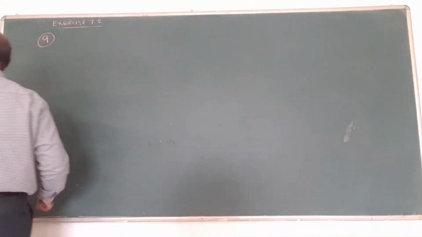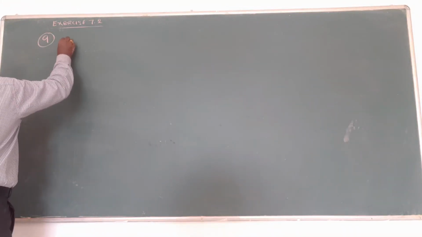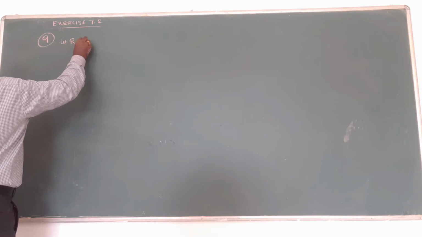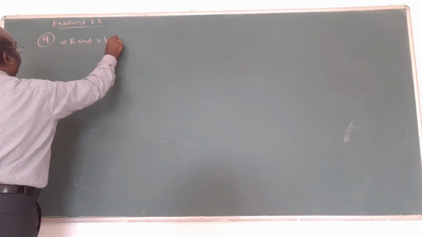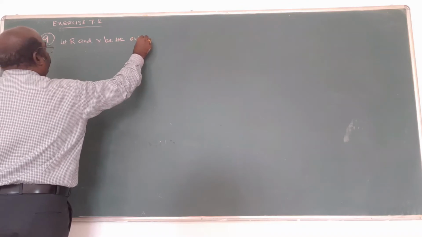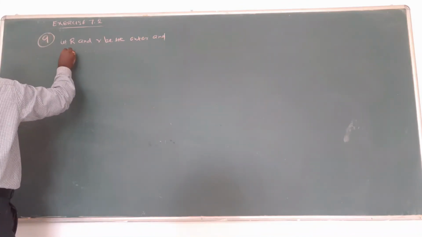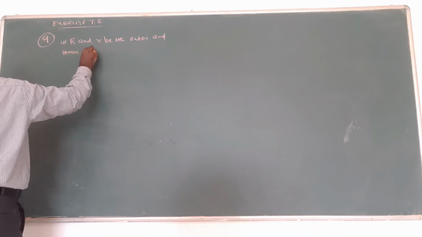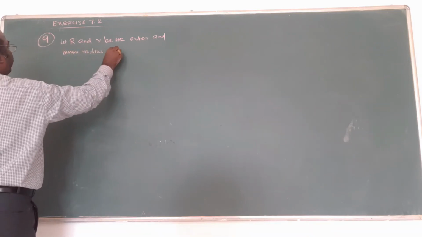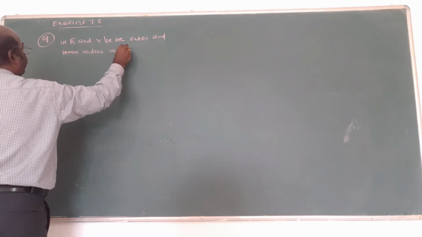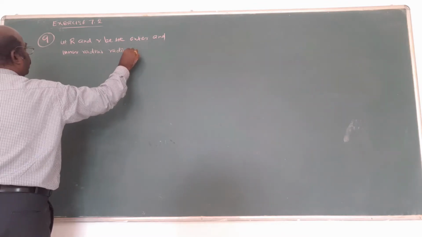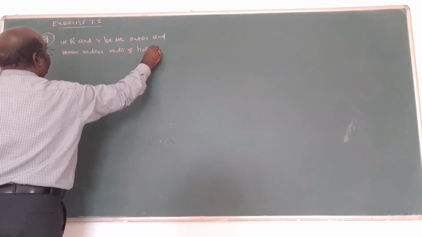Read the question in the book. Now, our assumption is that capital R and small r be the outer and inner radius of the hollow space.